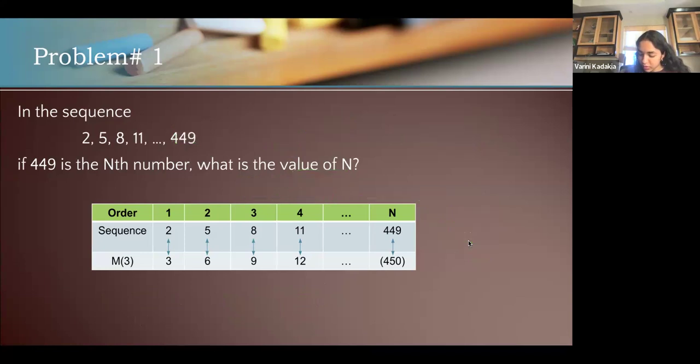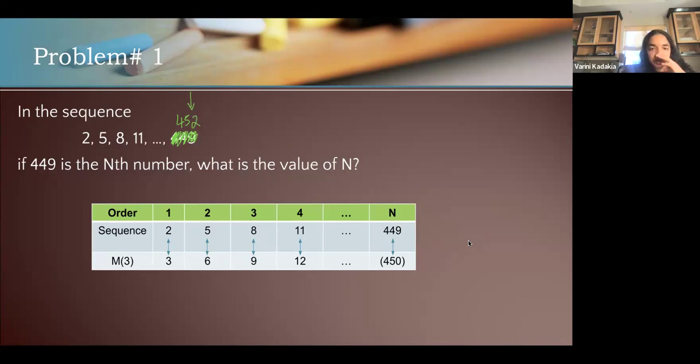Okay, so this number is now 452, right? Can someone tell me what the main goal we had before was? What were we trying to do before? We are trying to match up the position of the number to the value of the number.